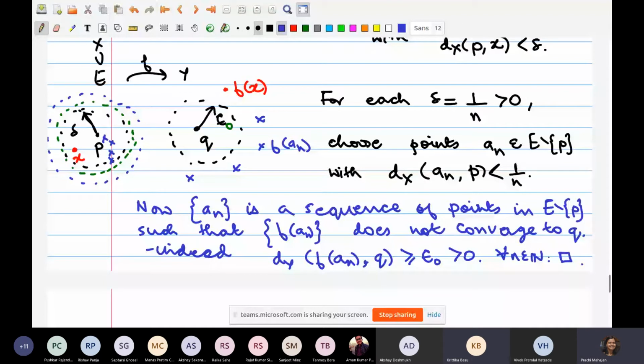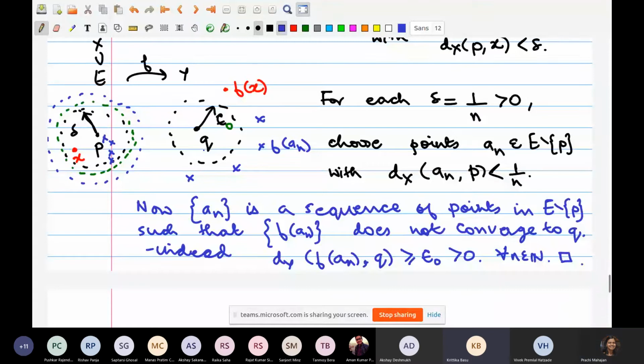See, what have we achieved by all this construction? We have found a sequence an of points in E. Each an is different from P such that an tends to P, but the corresponding image sequence f of an are outside this epsilon naught neighborhood of the point Q. So that implies that the sequence f of an does not converge to the point Q. Is that okay?